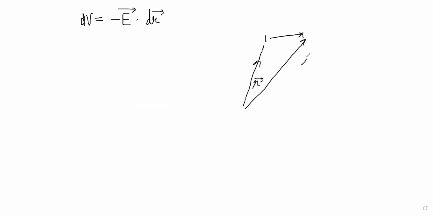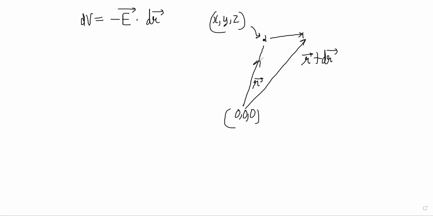So what we can say is, if dV is equal to minus E dot dr, think of this as a small path. This is your R vector, and this is your R plus dr vector. The R vector, with this as the origin, can be thought of as some point x, y, z in space.